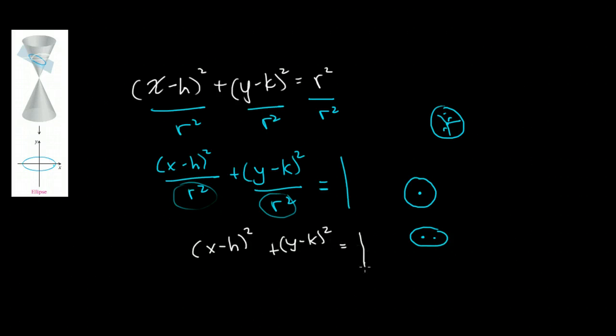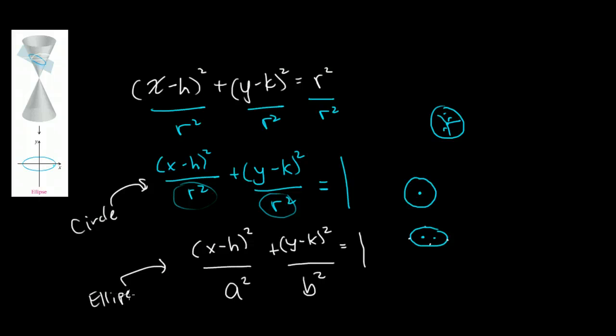Because we can have a different width than height, we will divide by potentially 2 different radii. So a circle, as you can see, is a special case of an ellipse.